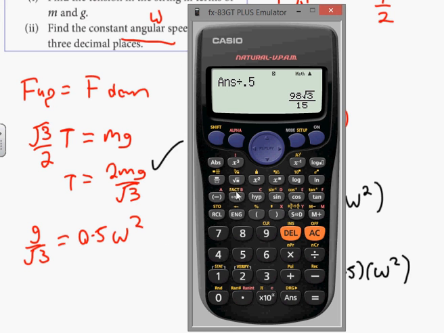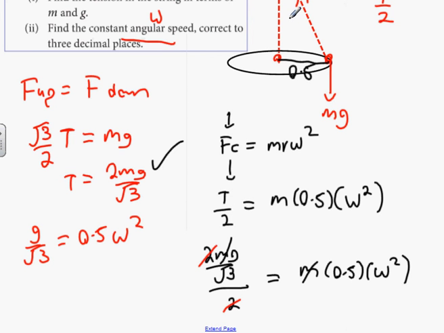Then I'm going to square root that. 3.364. Okay, what's the units? So rad s to the minus 1, or rad per second. Okay.